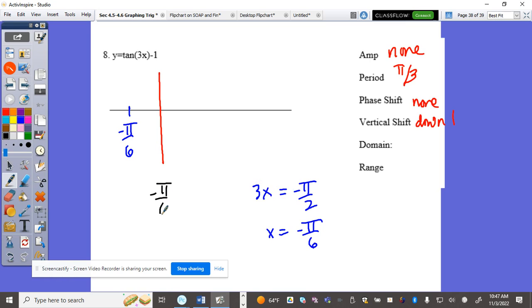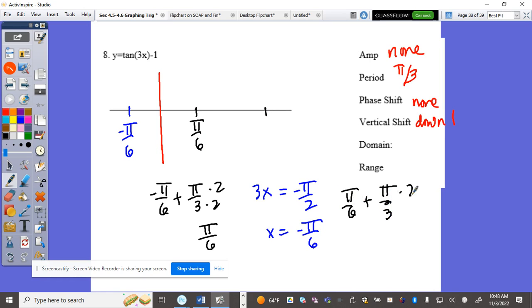So negative pi over 6 plus pi over 3 multiplied by 2 here. That will give you pi over 6. Yes, this is going to be pi over 6 there. Okay. And then you keep on adding another pi over 3 to get the next section. So pi over 6 plus pi over 3 again, times 2, that will give you 3 pi over 6, which is pi over 2. This is pi over 2 here, okay?